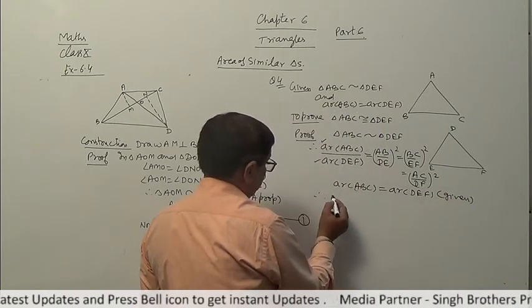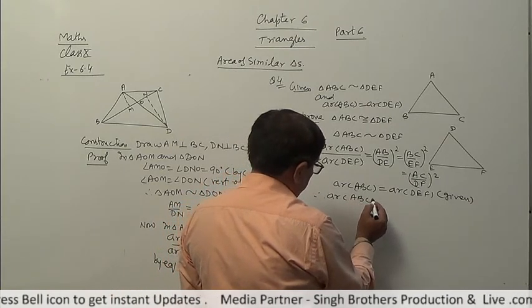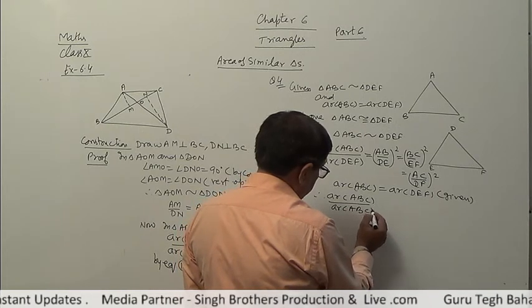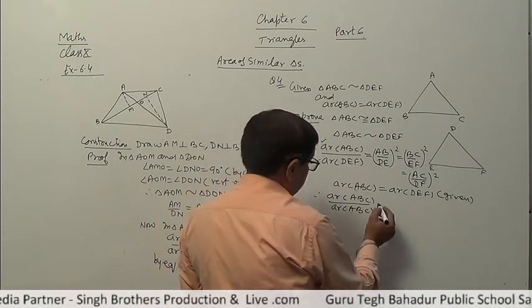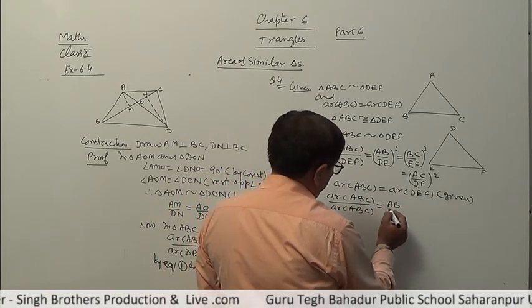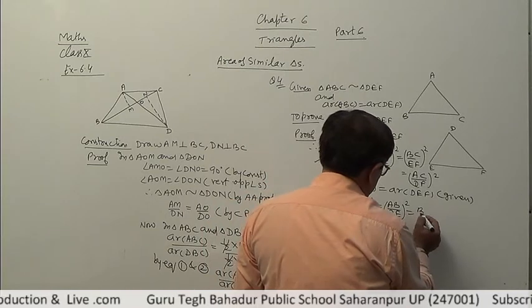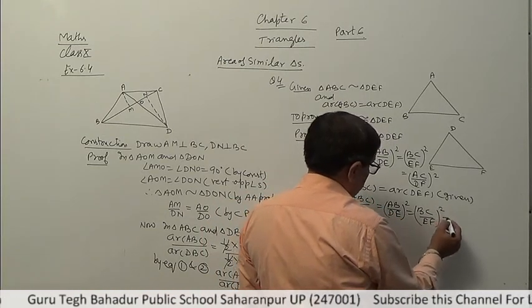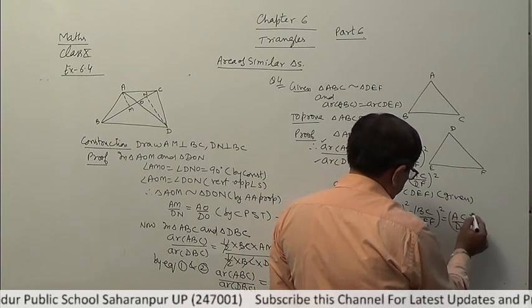Therefore, area of triangle ABC upon area of triangle ABC, in place of DEF we will write ABC, is AB upon DE square, BC upon EF square, AC upon DF square.